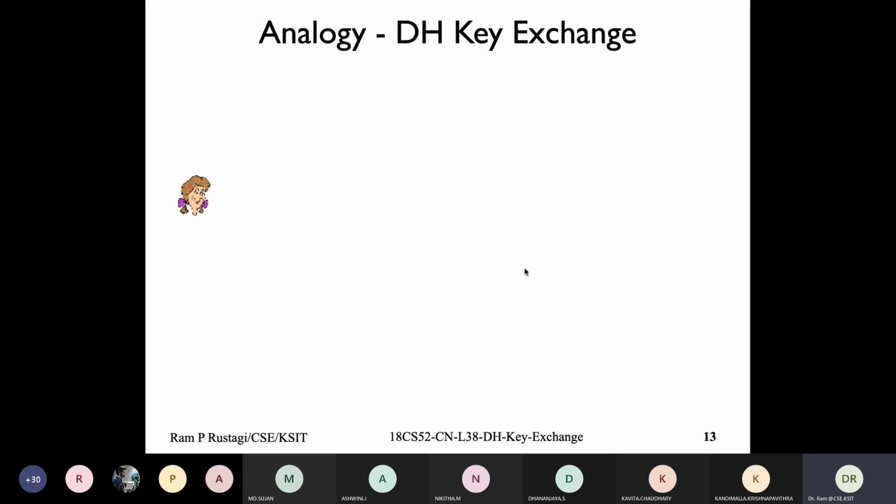Consider our case, Alice and Bob, and there's a man in the middle. Let's say Alice puts a lock on a box and sends it to Bob. The man in the middle creates another box and sends that box to Bob. Bob thinks the box is coming from Alice, whereas it is coming from the middleman. Now Bob sends his box back, and the middleman sends another box to Alice.